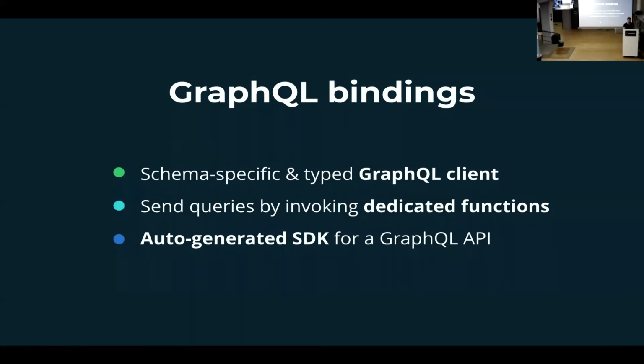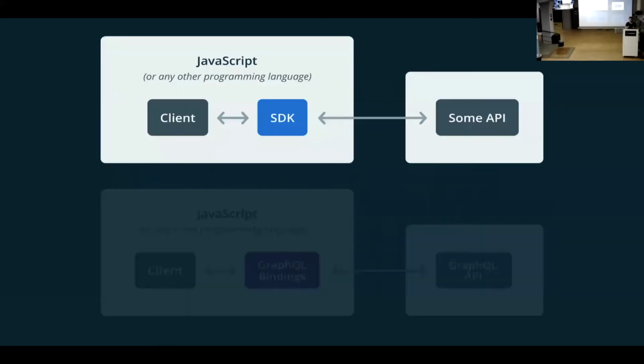So what does that mean? Let us quickly think about what an SDK actually is. Here we have some API, for example the Contentful API, or if you've worked with Firebase before, some web API that we can talk to via HTTP that exposes a couple of endpoints, and we have to hit these endpoints to get our data. We don't want to construct an HTTP request every time we need something from the API.